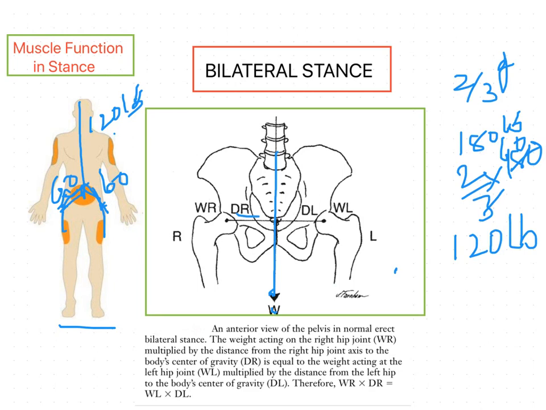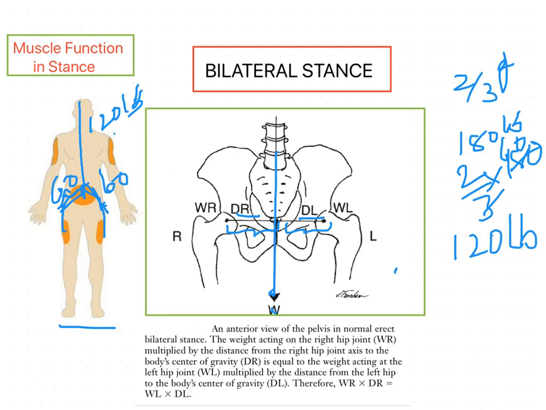DR is the distance of the right hip and DL is the distance of the left hip. Both distances, right and left, are the same. So the joint axis of each hip lies at an equal distance from the LOG of the upper body weight, DR is equal to DL.